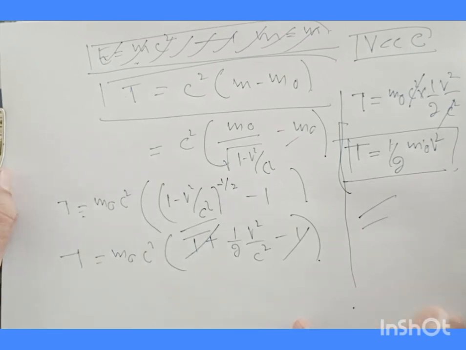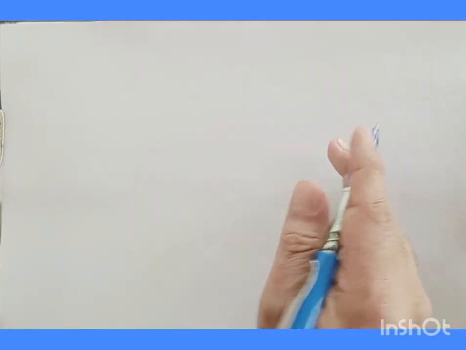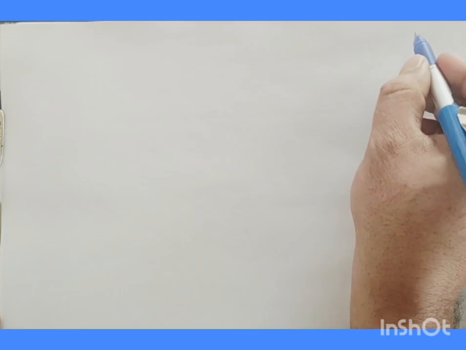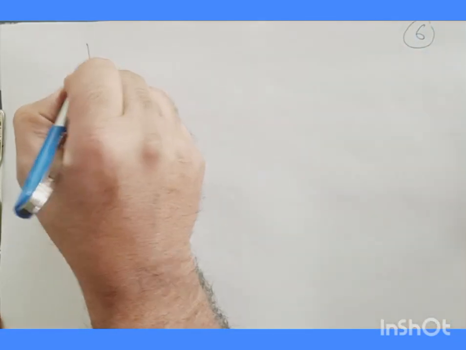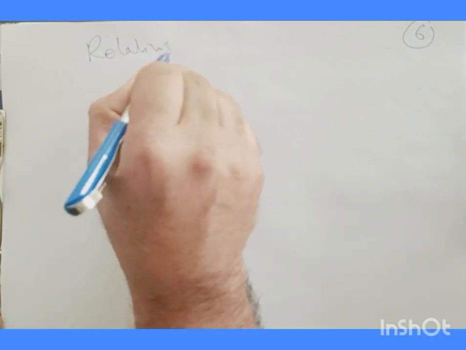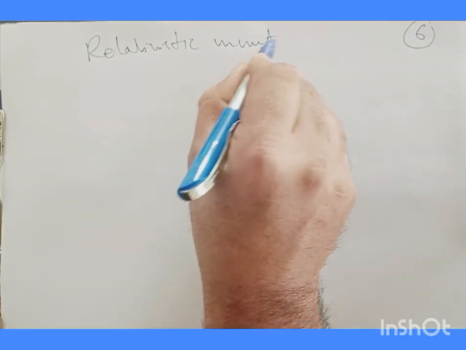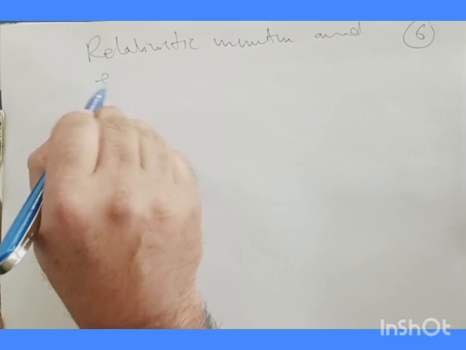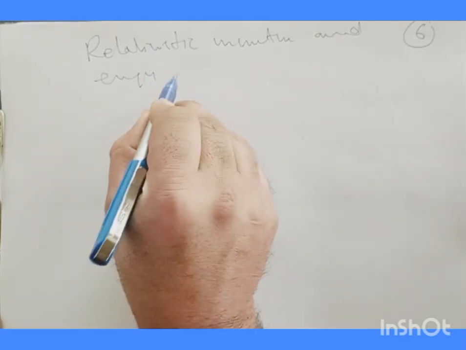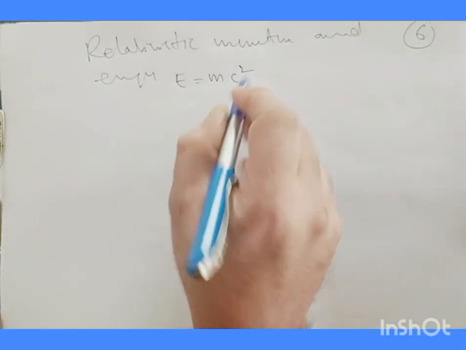And moving forward from here, we can also obtain a relation between relativistic momentum and energy. So what we have is E is equal to m c square.